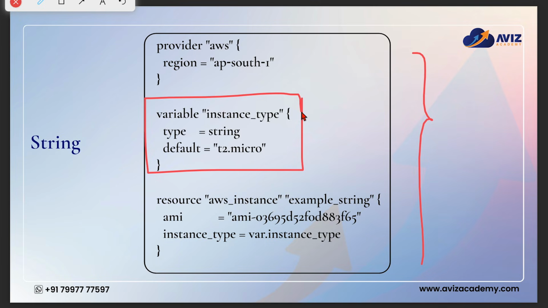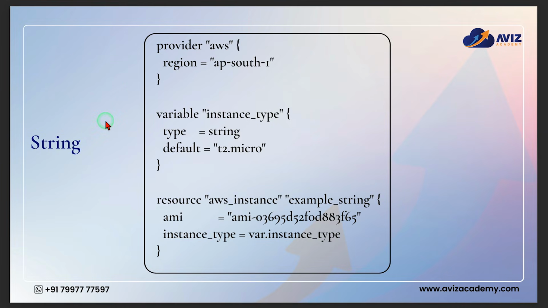For simplicity, at the moment I am going to put it here in this example, and in the hands-on I perform I will also keep it within the main code itself, but I am going to write one with a separate variable file. That is the standard process we are going to follow.